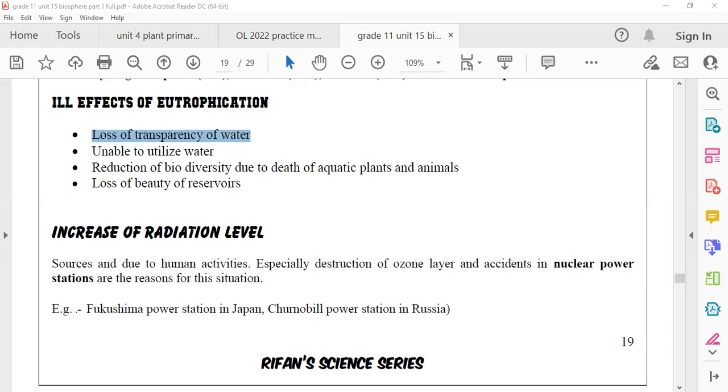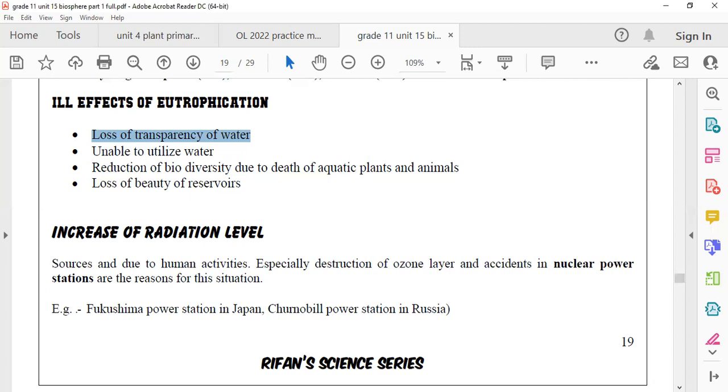Still, they say in that area there is radioactivity.